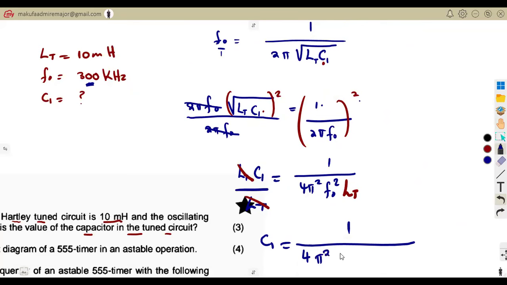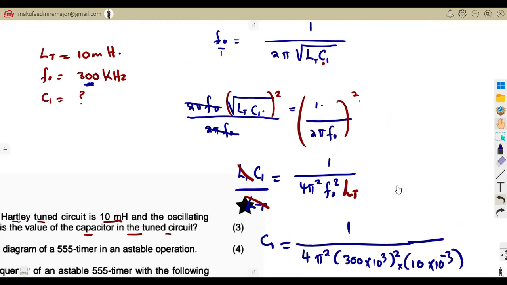So you're going to have pi squared, the frequency, which is our oscillating frequency, that is 300 times 10 to the exponent of 3, squared, times our LT, the total inductance that we are given, which was 10 times 10 to the exponent of -3.